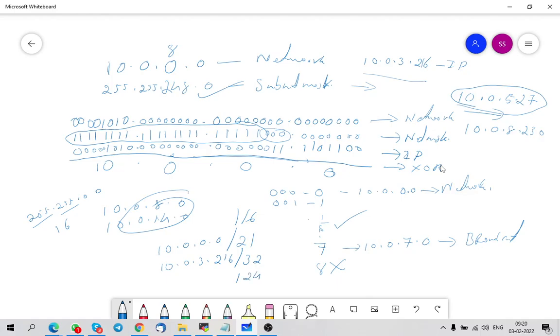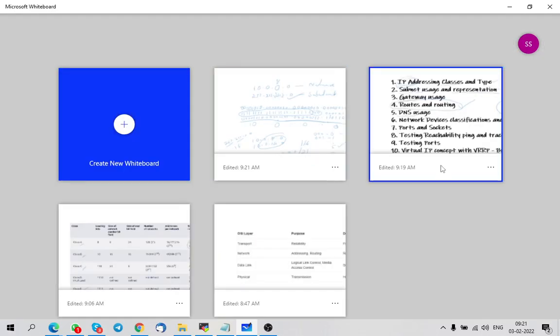So this is the way also. Next it will be 8.0.0. So that will be the next network starting address. So this will be the network address of next subnet. Okay, yeah, correct. Yeah, now we will go to gateway.